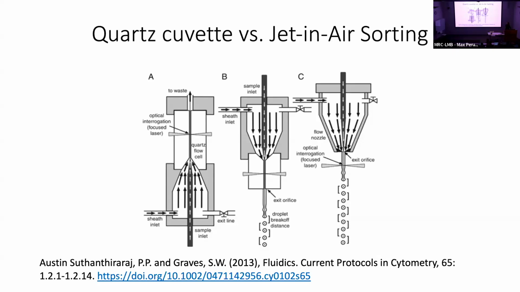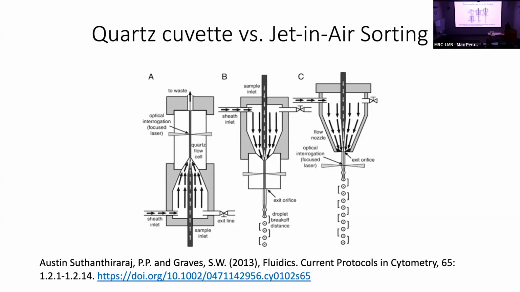So what this means is that using a quartz cuvette-based cell sorter, you get a little bit better resolution. And then what we have in figure C here is an example of what we call a jet in air type of sorter.